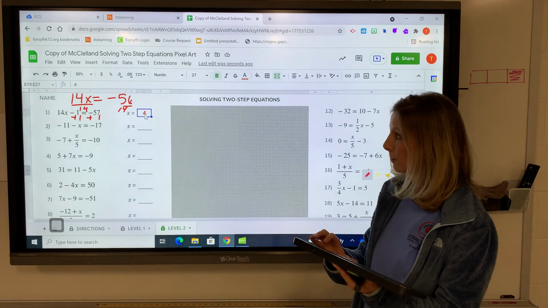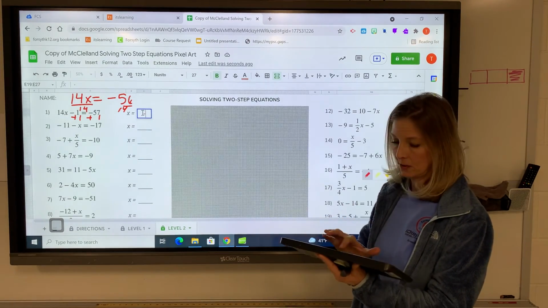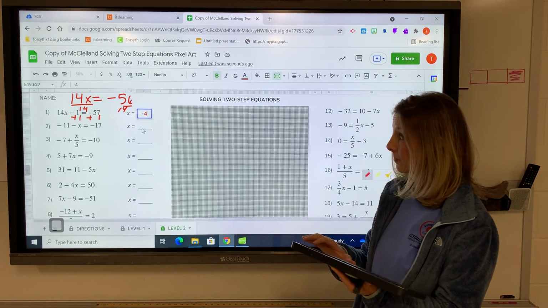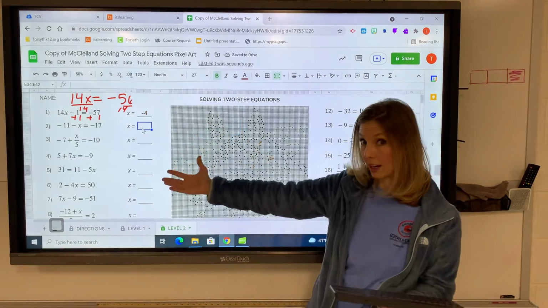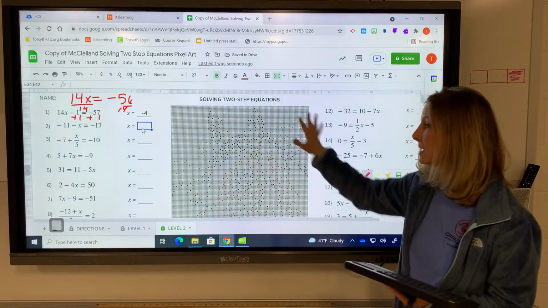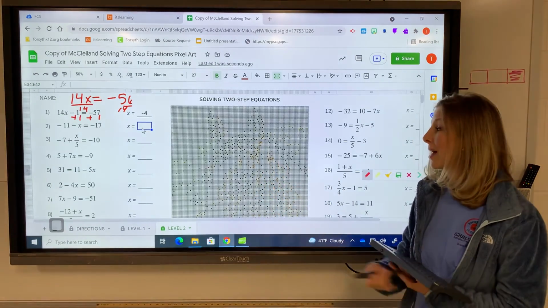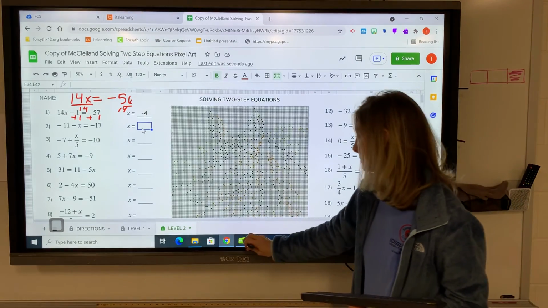What's wrong with my 4? It should have been a what? A negative 4. Okay, so let's see if we got it right this time. I typed in negative 4 and it changed to black, and it's correct. And some of my pixels started filling in. So that will be your assignment after you watch this video.